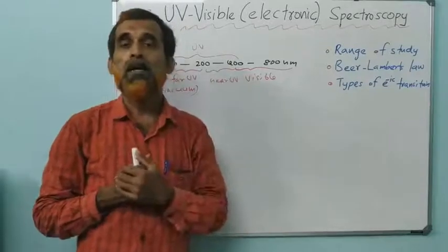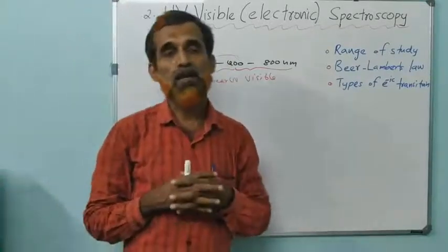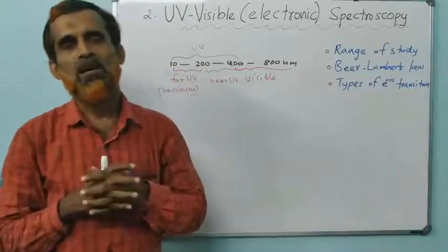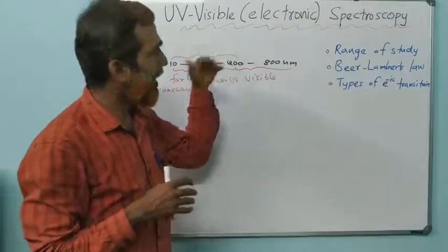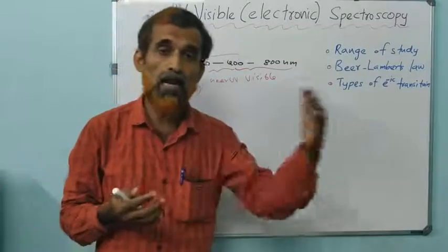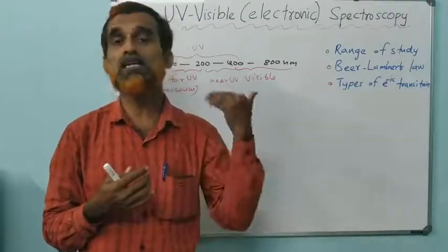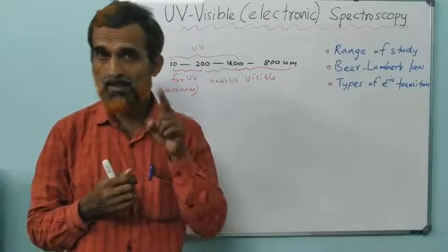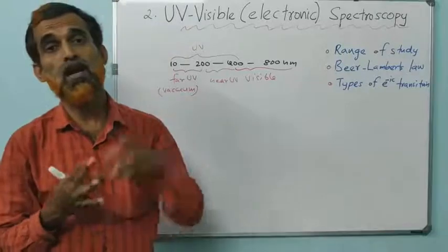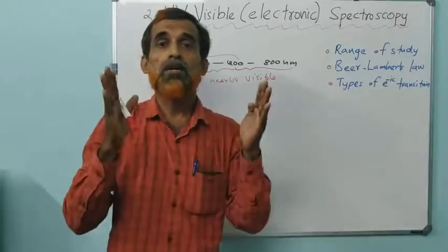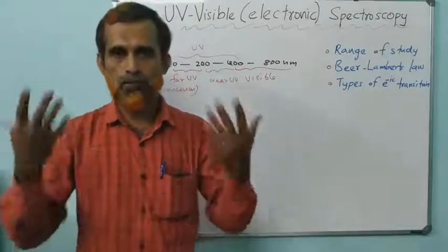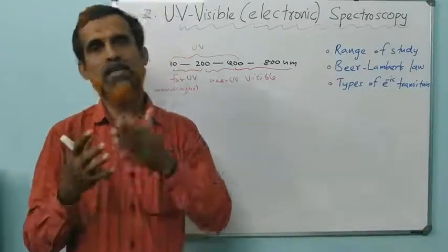Remember, in electronic spectroscopy, the selection rule is that all molecules can absorb UV visible radiation, unlike IR spectroscopy, which we discussed in the previous classes, where the necessary and sufficient condition for a molecule to be IR active is what? That during vibration there should be change in dipole moment for an electric pulse to be generated so that it can interact with the radiation.